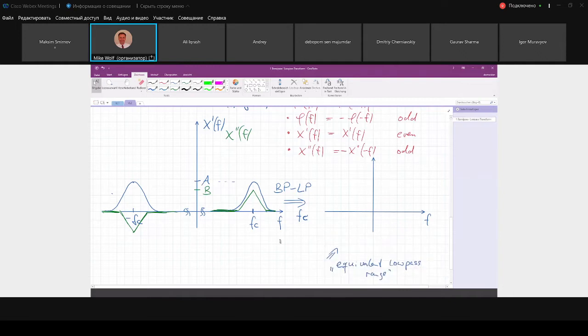Now, again, we draw the real part of the spectrum. We denote this with a prime, but we write here an index L for low-pass range. Now if you attend, for instance, my lecture in optical communication, from the first lecture to the last lecture, everything is in the low-pass range, so I don't use this L. If you take a look at the book about fiber optical communication, everything is in the equivalent low-pass range.